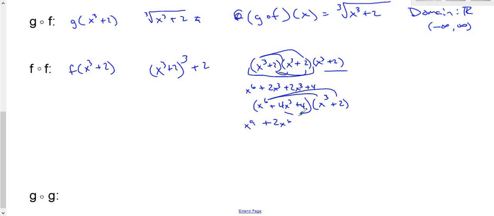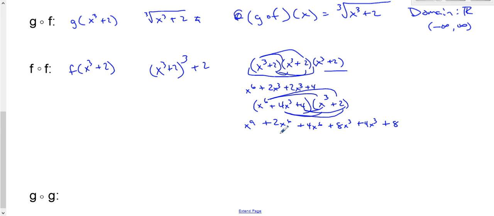We have 4x cubed times x cubed, which is going to be 4x to the sixth. 4x cubed times 2 is going to be 8x cubed. And we have 4 times x cubed and 4 times 2, which is 8.